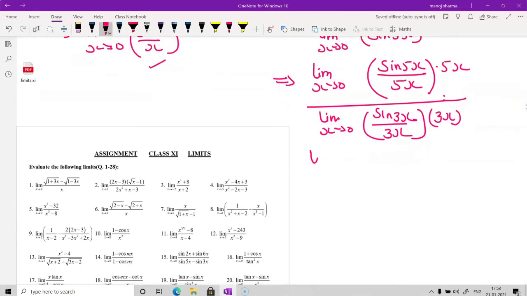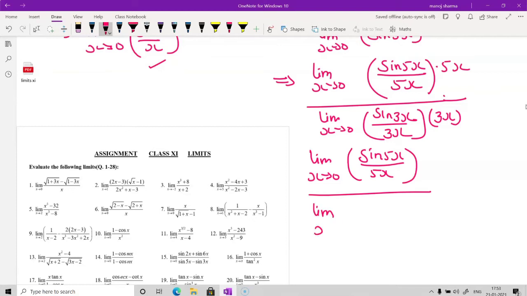Now taking into account, I just follow the Britishers' policy that is known as divide and rule. So I am basically dividing this question into smaller parts so that you can deal with them individually. That is limit x tends to 0 sine 3x upon 3x multiplied by limit x tends to 0 5x upon 3x.